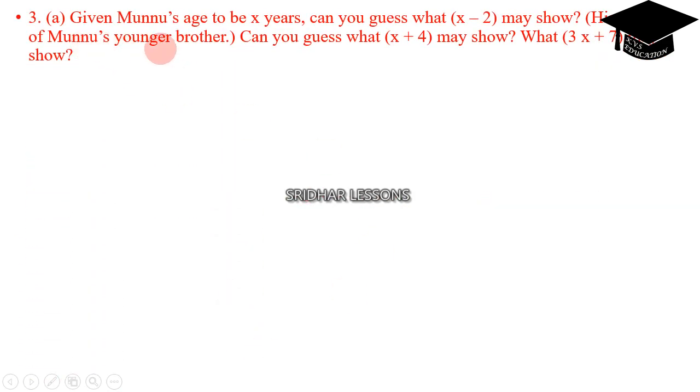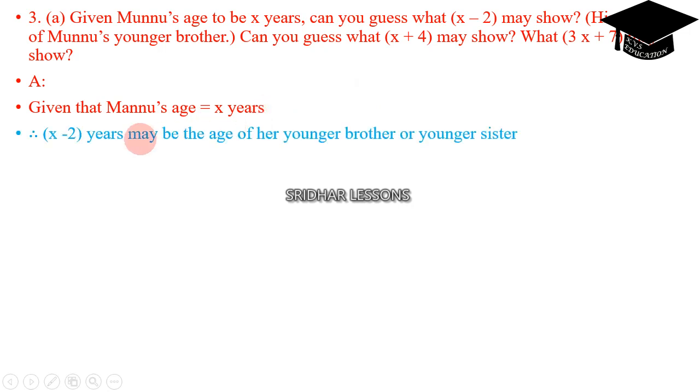Question number 3. Given Munnu's age to be x years, can you guess what x minus 2 may show? Given that Munnu's age is x years, x minus 2 years may be the age of her younger brother or younger sister.